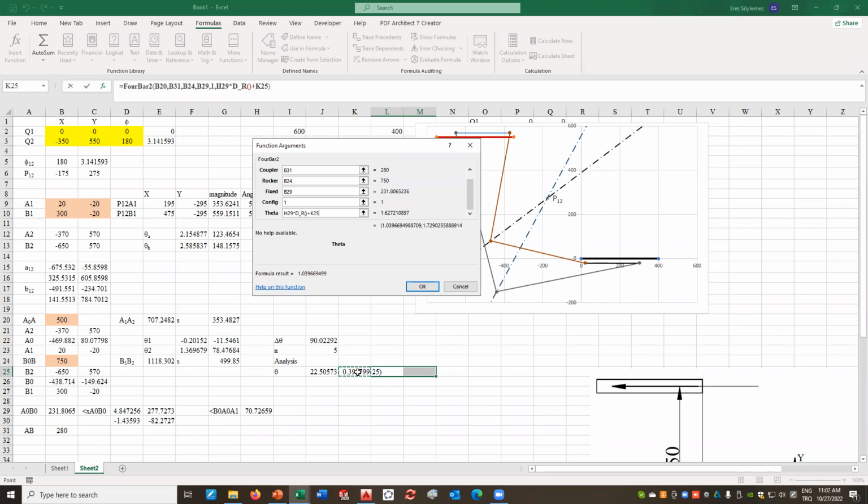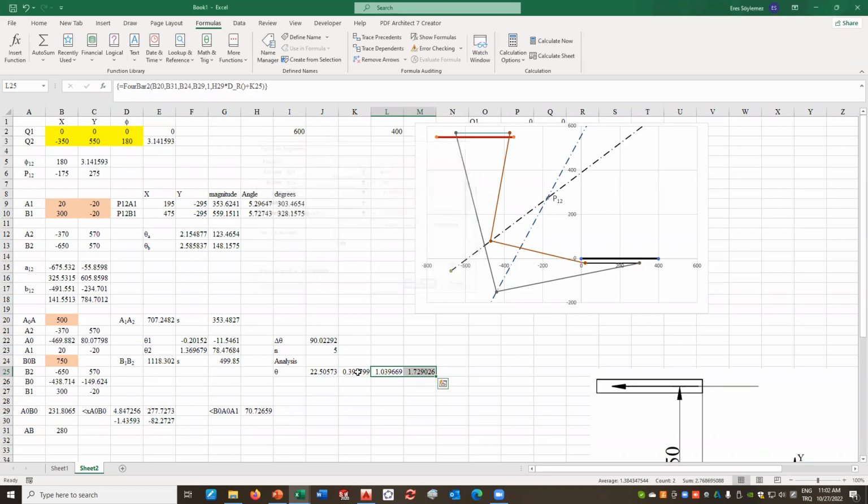Correct? Now you have the result. Control Shift Enter.